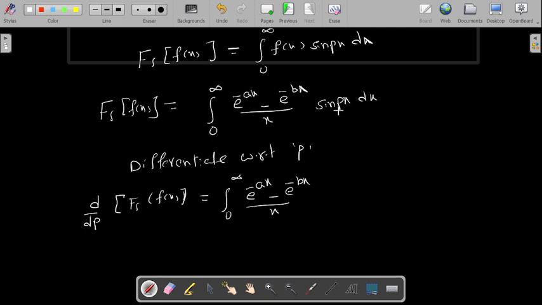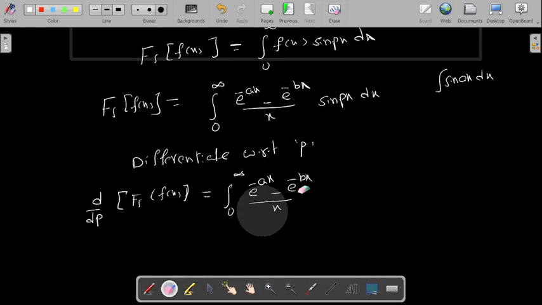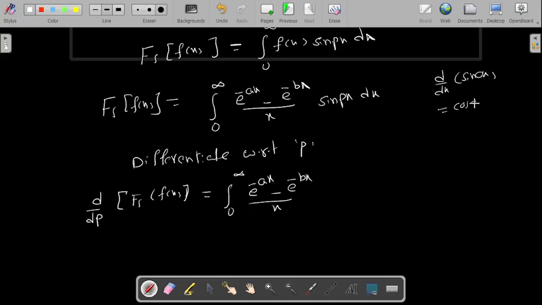the differentiation of sin px with respect to p? What is the differentiation of sin x? For example, d by dx of sin ax: cos ax into a.